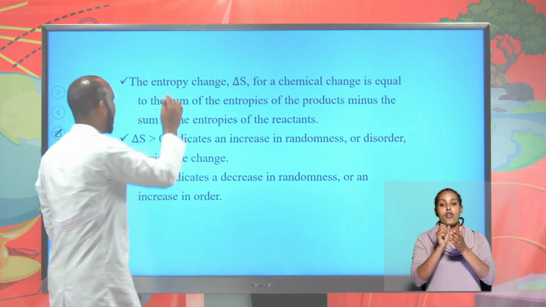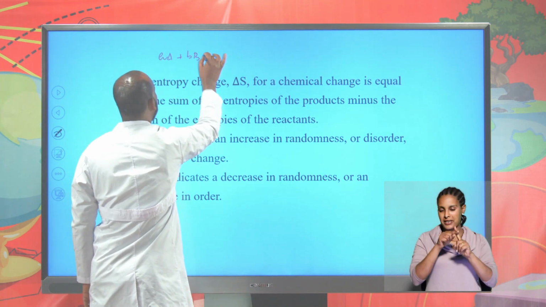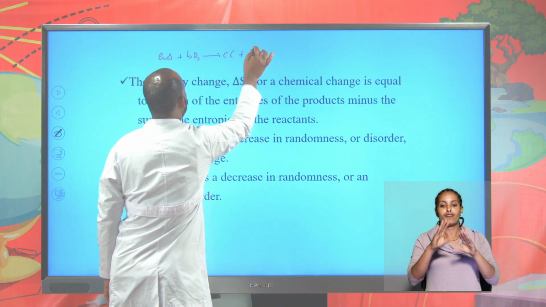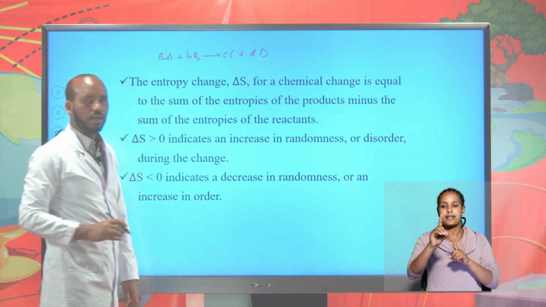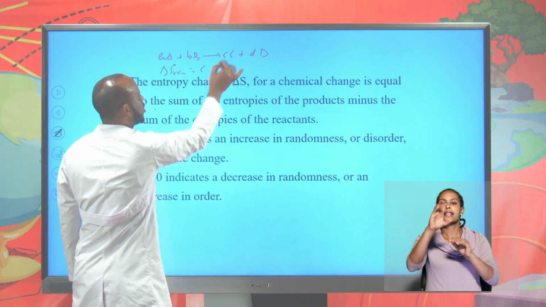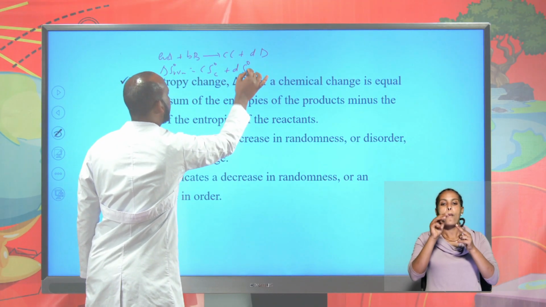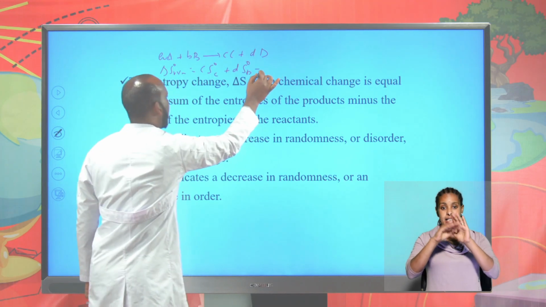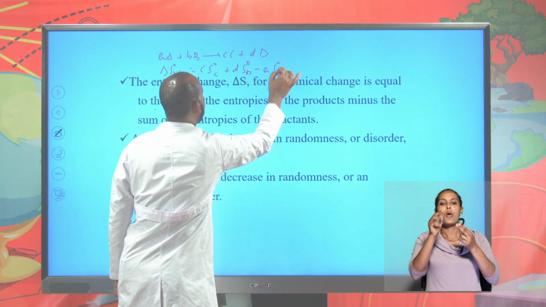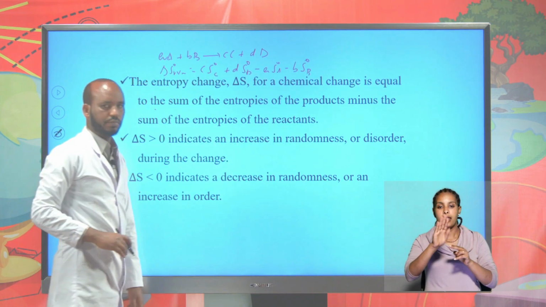For reactions of the type aA plus bB to form cC plus dD, the standard entropy change, delta S naught, of this reaction equals c times molar entropy of C plus d times molar entropy of D minus a times molar entropy of A minus b times molar entropy of B.